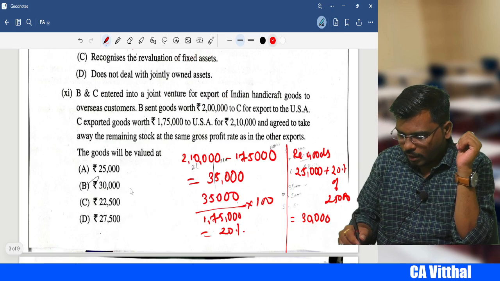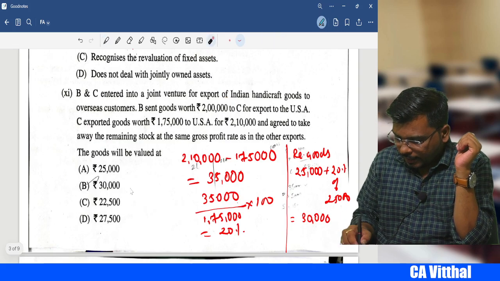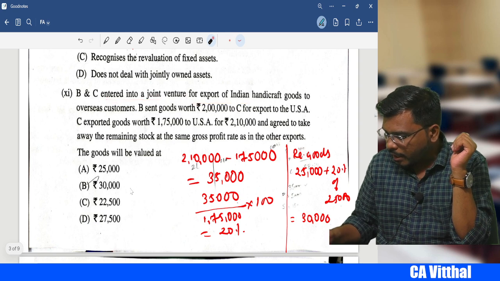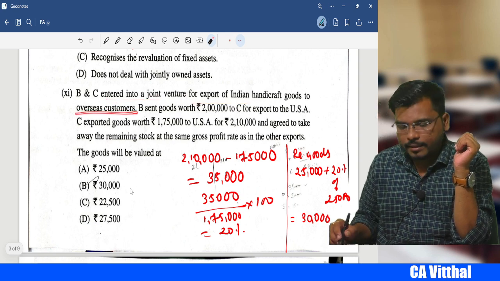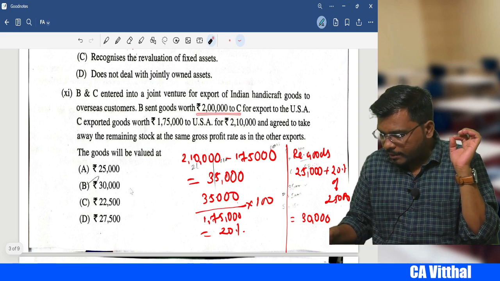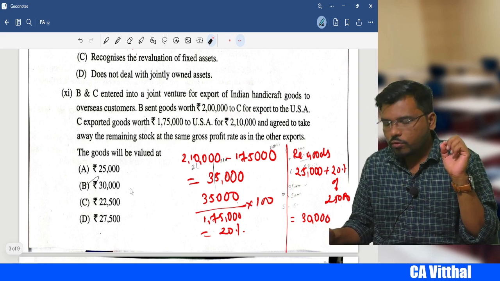Come to the next one. B and C enter into a joint venture for export of Indian handicraft goods to overseas customers. B sent goods worth 2 lakhs to C for export to the USA.